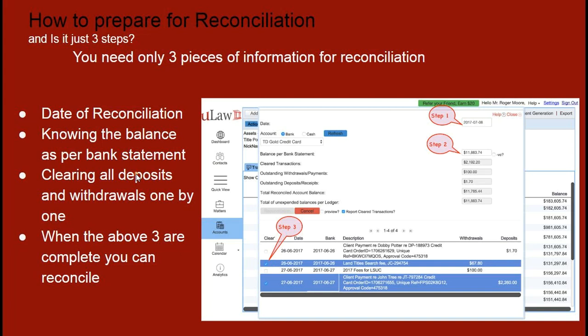The explanation of that money and why it went into the account and why it left that account is a lot easier for you to explain in detail within the bookkeeping system. So if you've received a retainer for a family matter for John Doe, that level of detail is not going to be available in your bank statement. It's just going to say on 5th of June, you had a deposit of $2,000.